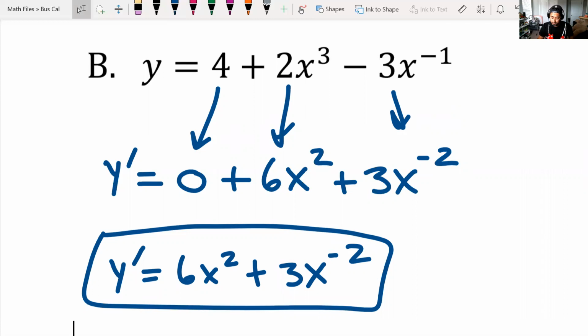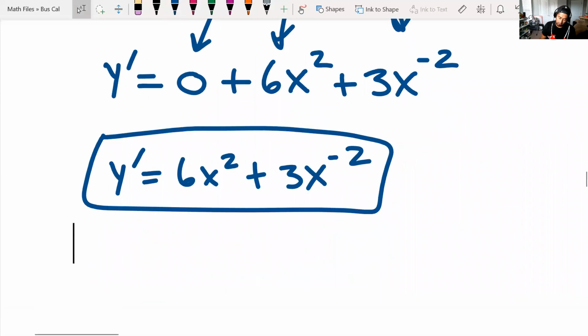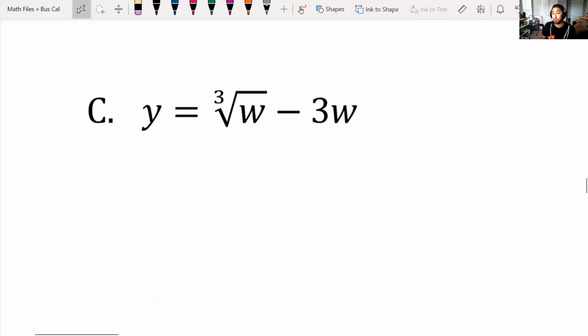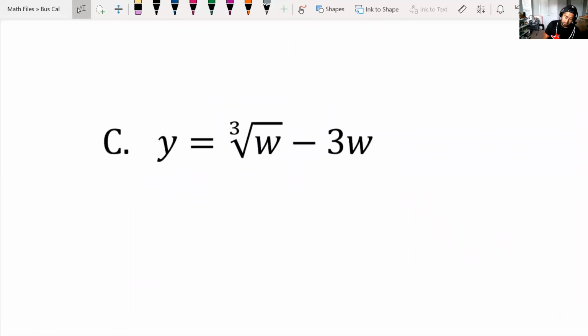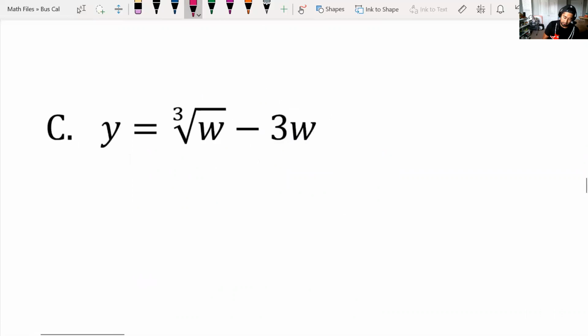All right, fun. Next one. We have to do some rewriting because of this term. So once again, we use that radical property, radical to rational exponent.